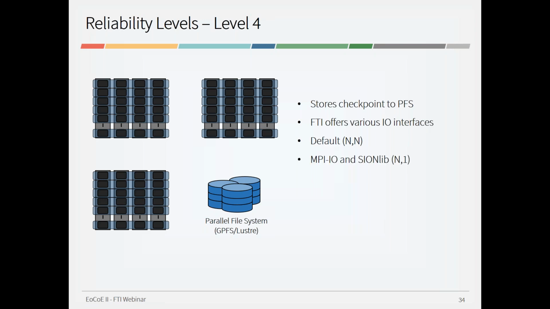We have interfaces to MPI-IO and SIONlib, where we have one shared file for all processes. So we store N processes to one file. We have HDF5, which can store end-to-end and end-to-one.